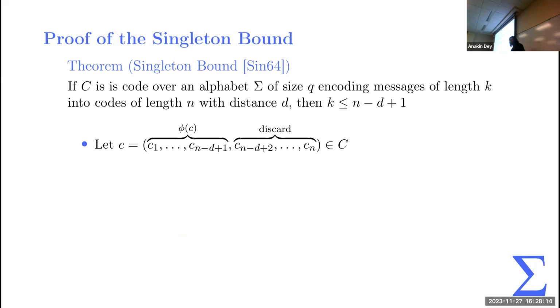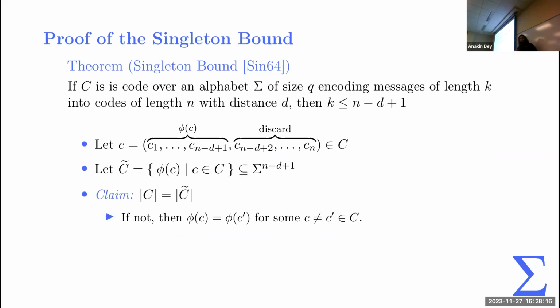Then I'm going to let C tilde be the set of all phi of c's. I apply phi to every single code word, and I get C tilde, a set of words of length n minus d plus 1. I'm going to claim that C and C tilde have the same cardinality, the same number of elements.